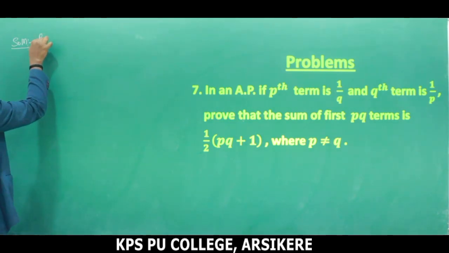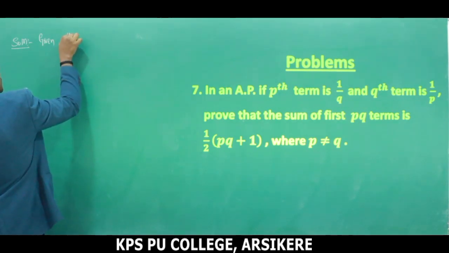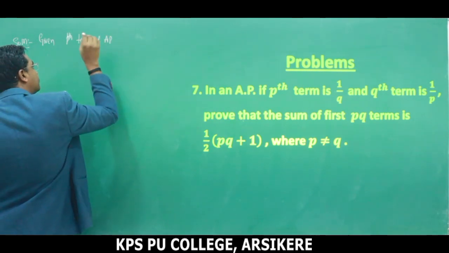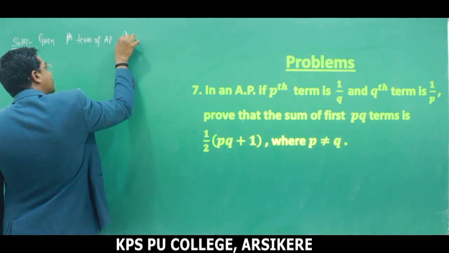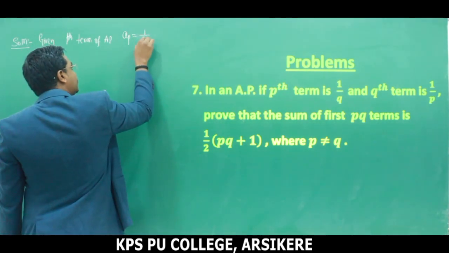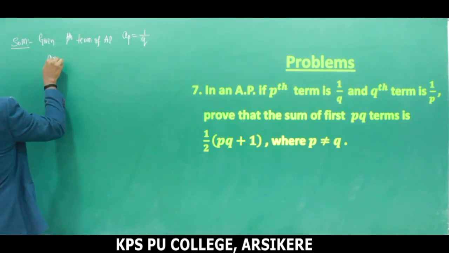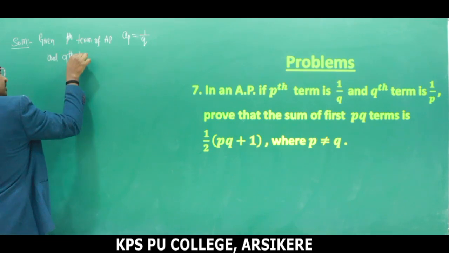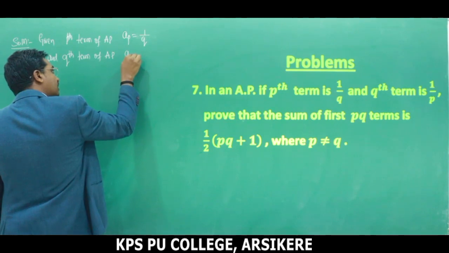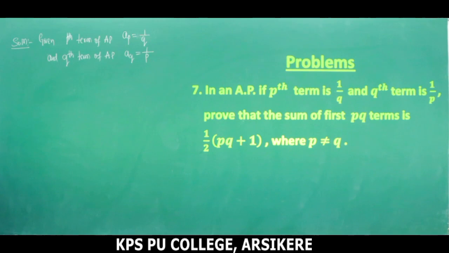Given the pth term of the AP, ap is equal to 1 divided by q, and the qth term of the same AP, aq is equal to 1 divided by p.